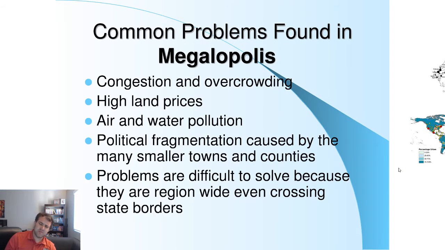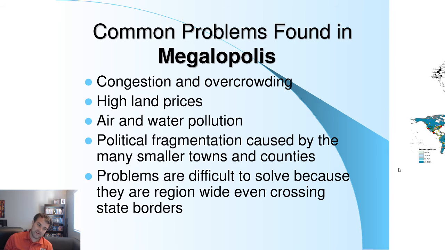Okay, but what are some problems of megapolises? Why are they maybe a bad idea? Well, I'm going to argue, though, that megapolises are sort of a good idea, because if all the humans live in one space, then you can save all the rest of your country for nature and animals and not have humans mess with it.